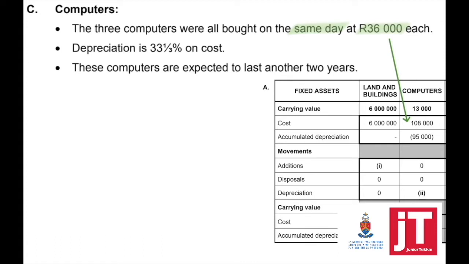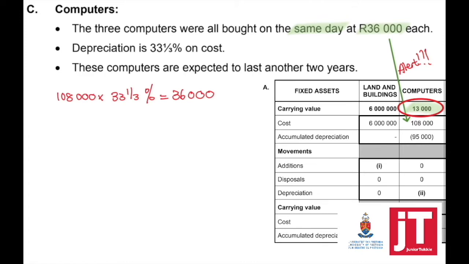If I take the cost minus the accumulated depreciation, you would notice that the book value or the carrying value is a small amount. Please remember, the same as in the previous activity, I said to you, always be alert when the book value is that low. When they tell you the computers are expected to last another 2 years, an alert should go off immediately.